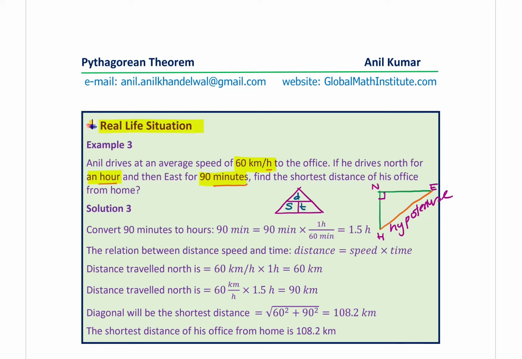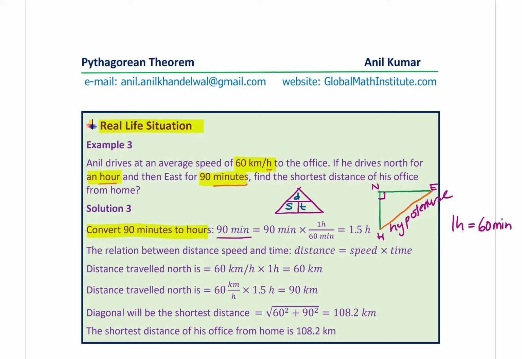So the first step here is to convert 90 minutes to hours. How are you going to do it? Well, we know that in 1 hour there are how many minutes? 60 minutes, correct? That is the relation. So now we have 90 minutes here. To convert to hours, we have to cancel the minutes.